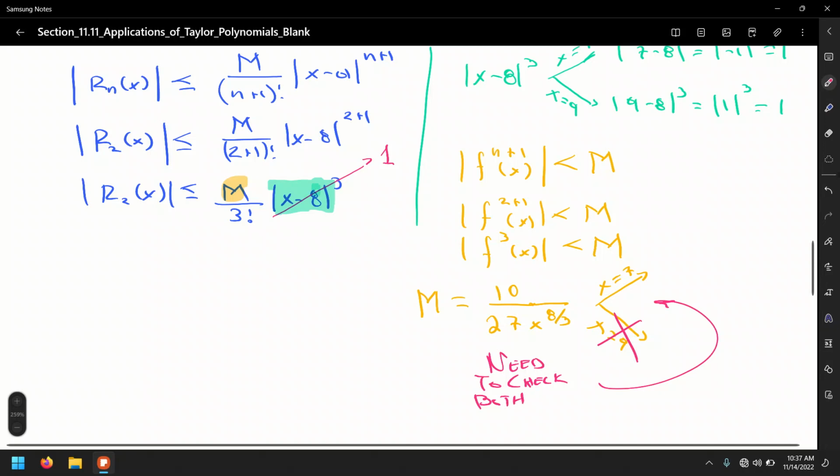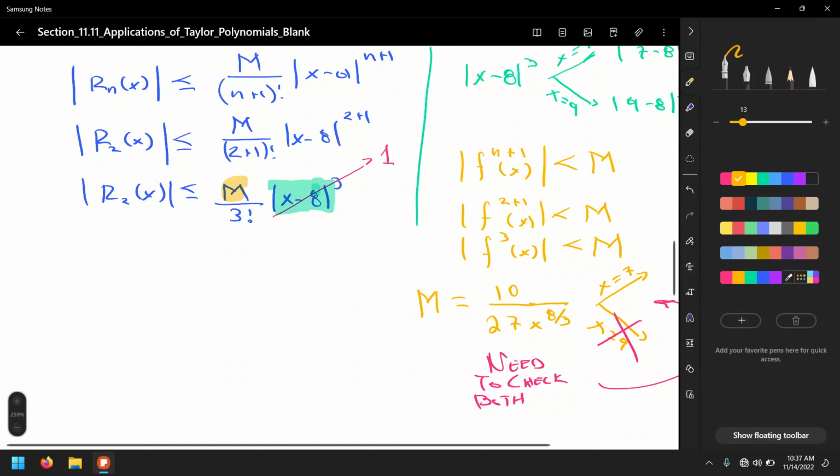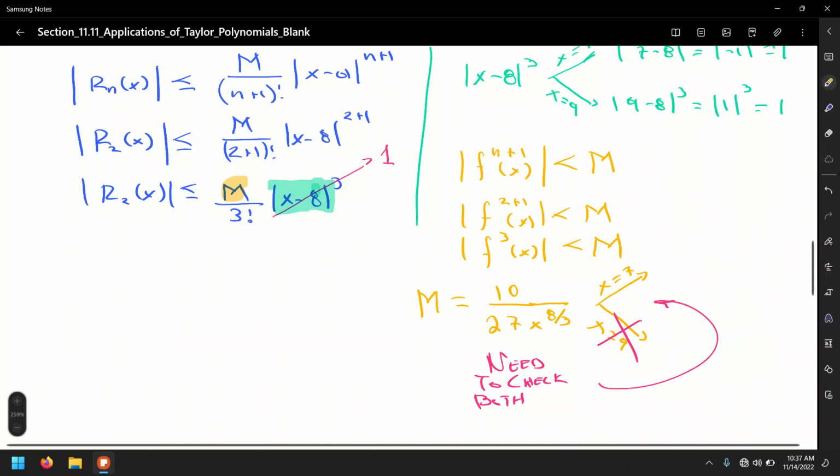All right, so that's going to be 10 over 27 times 7 to the 8th over 3. Let's leave it like this. I know this is a very funky number, so let's leave it like this. So now that we found M, that's going to be this number. It's going to make it the maximum, so that way we can get the maximum error.